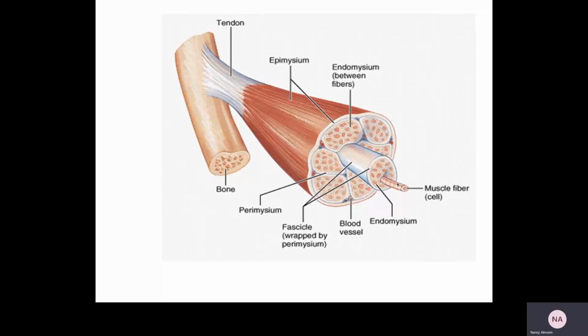That fascicle will be covered by another connective tissue covering, which is known as the perimysium. When you collect a number of fascicles together, they will all be covered by yet another connective tissue covering, which is the epimysium. And that gives you a muscle belly.